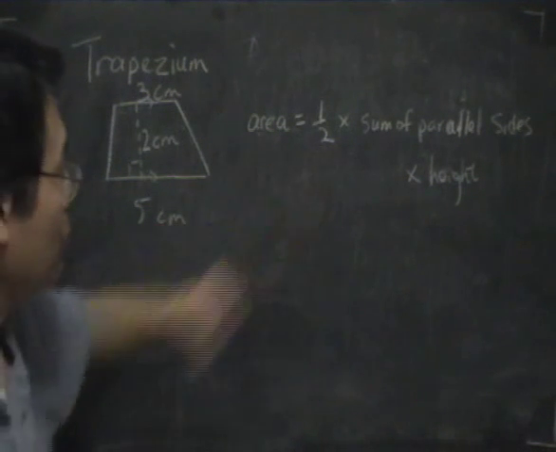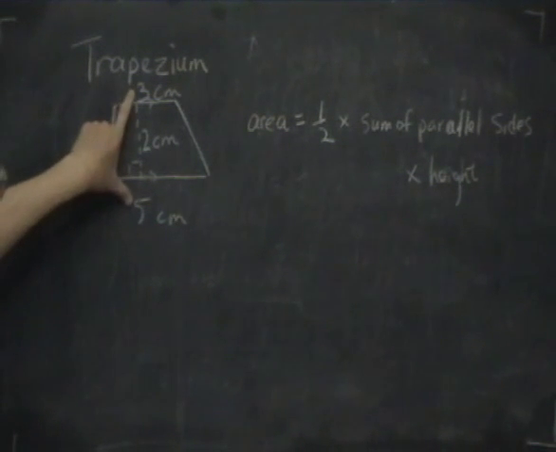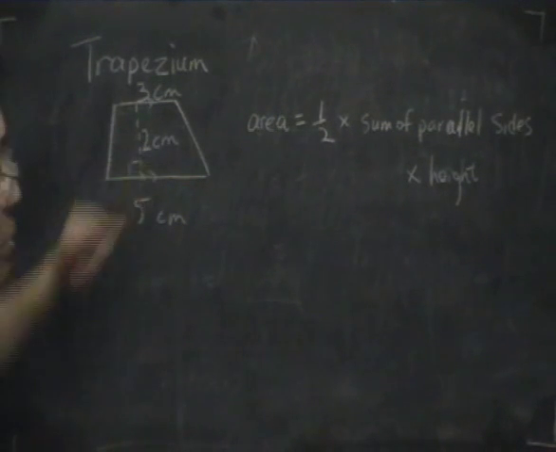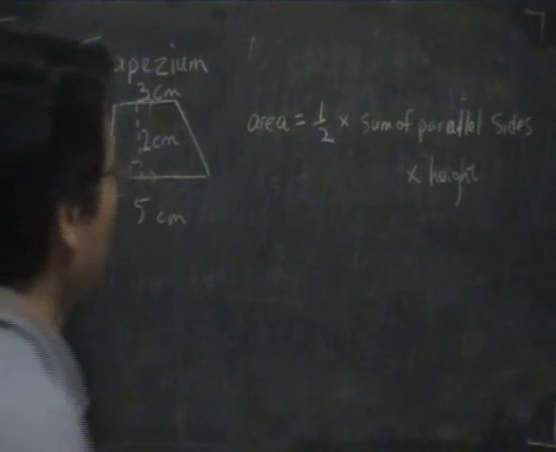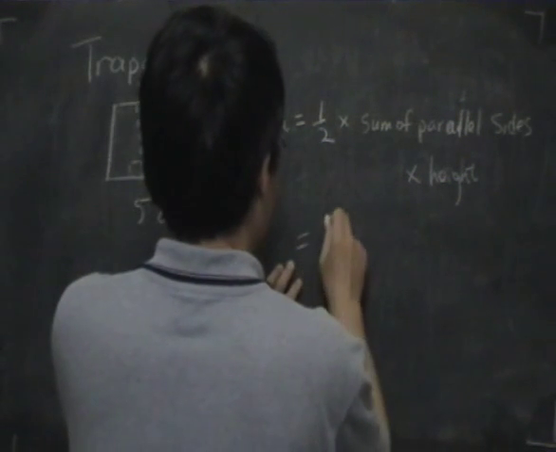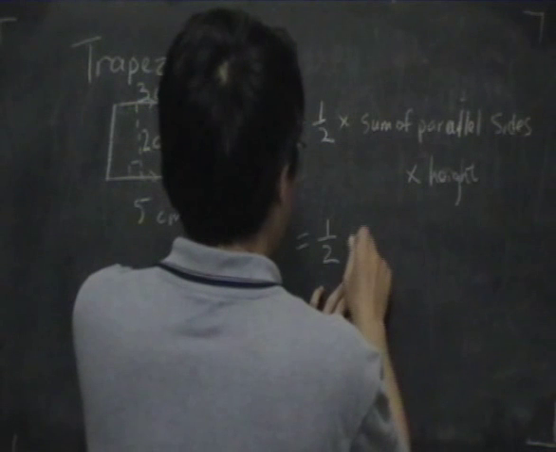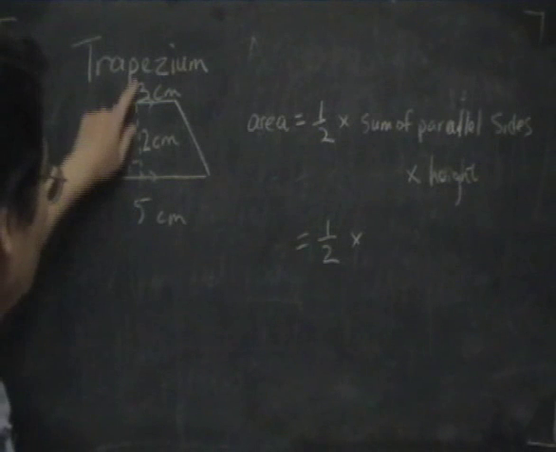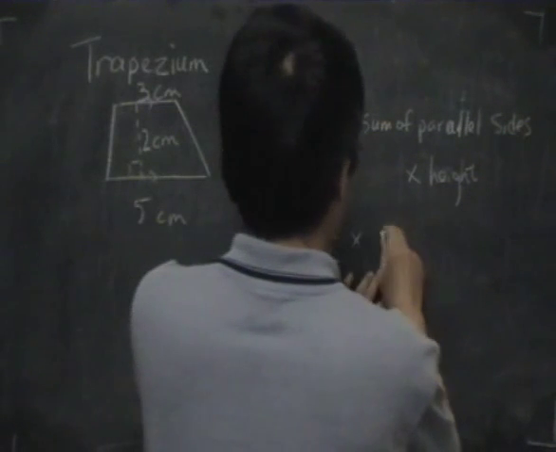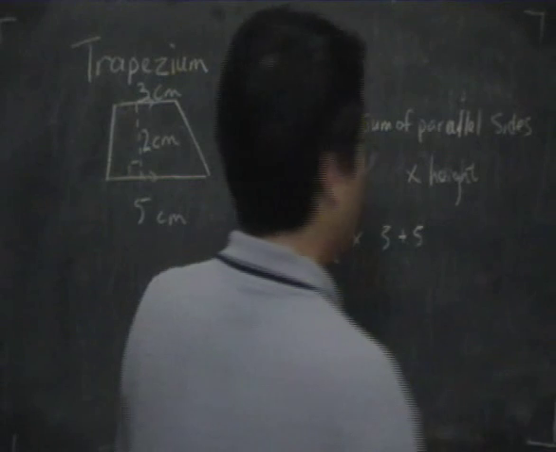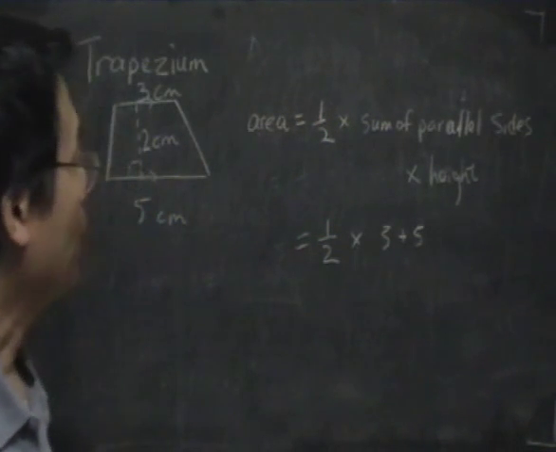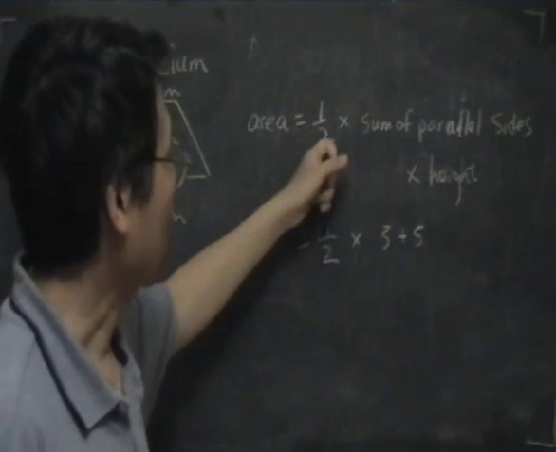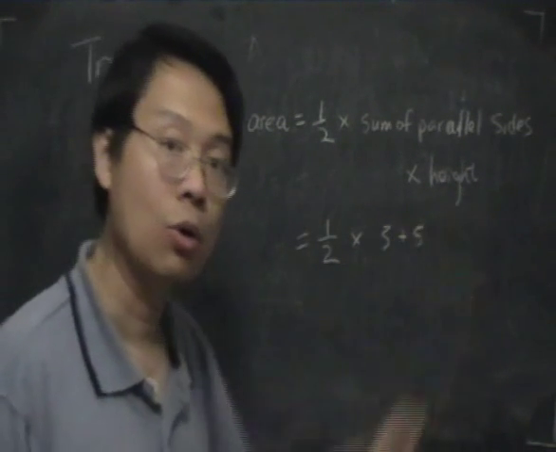So I must take half times the sum of those two, which is 3 plus 5, which is 8, and then I must multiply by 2. So let me write the whole thing out first. I must take half times, okay, I must add 3 to 5. But I should add 3 to 5 first before I multiply by half or by the height.